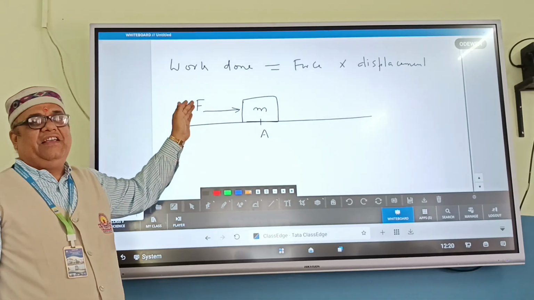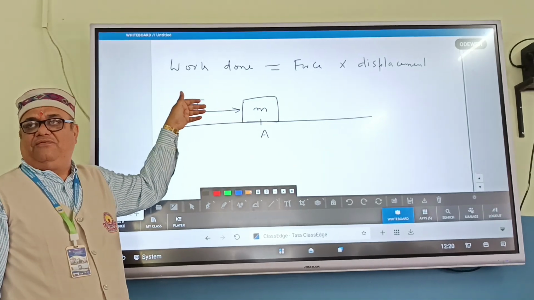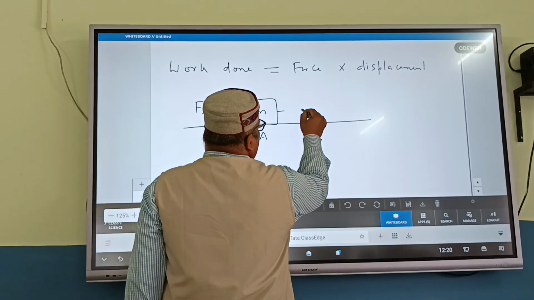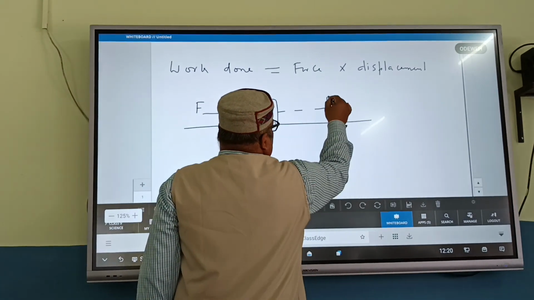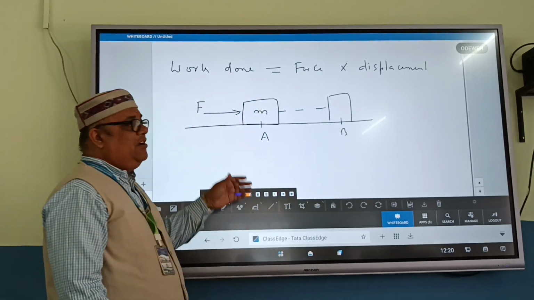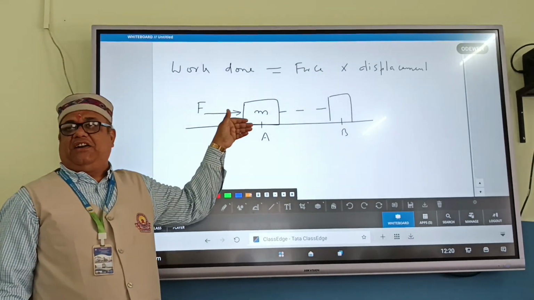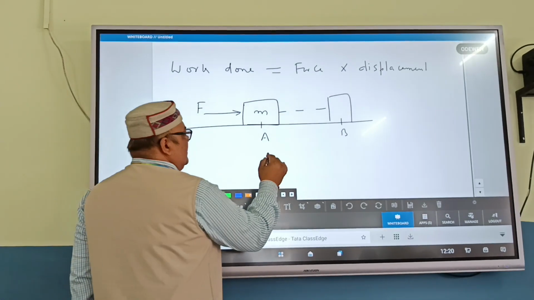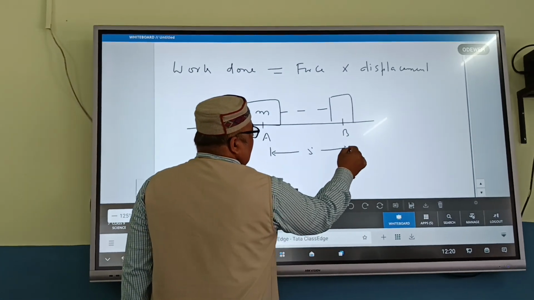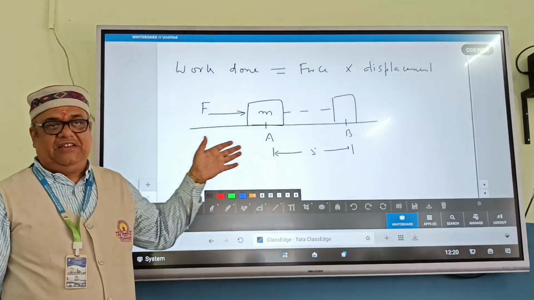What we are considering here is an external force acting on the body, and the body is shifting from point A to another point B and so on, and it continues to move. So under the action of this external force, the object has been displaced by a distance, say s, along the same direction in which the force is applied.